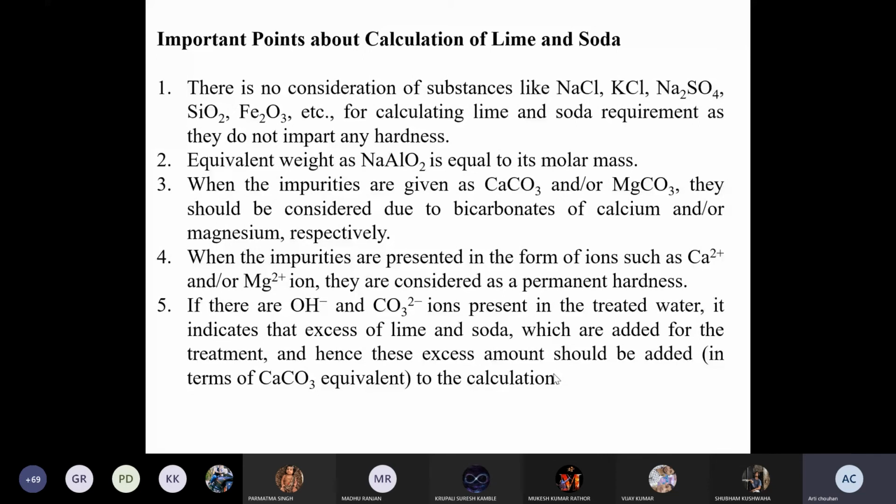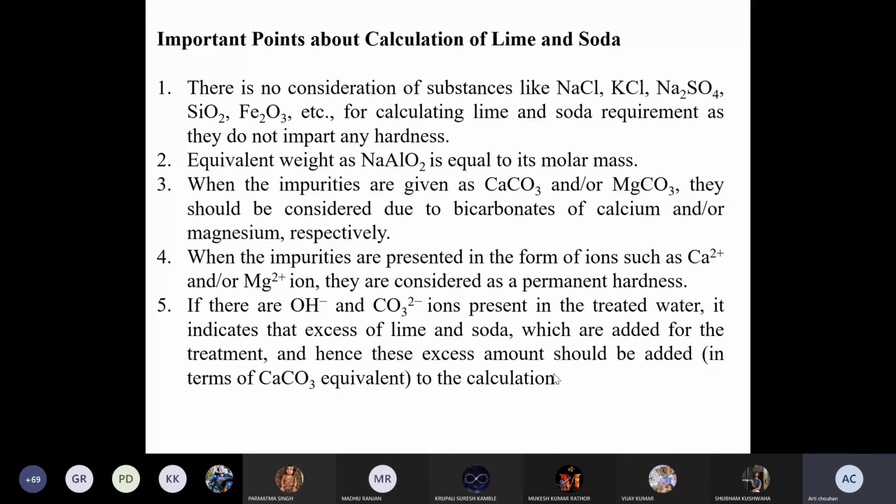And all the concentrations present in the water, in the form of any type of hardness or coagulant or any chemical species, before adding these values for calculating the requirement of lime and soda, you have to convert them in terms of calcium carbonate equivalent. So these are a few important points.